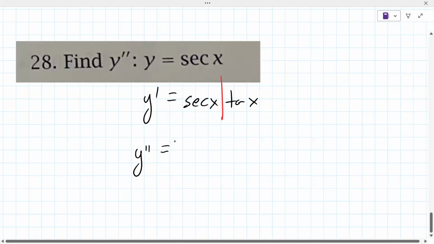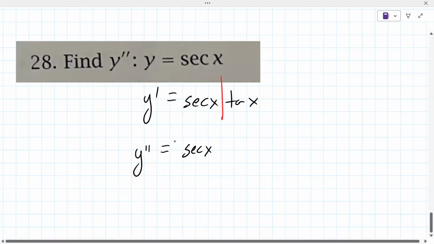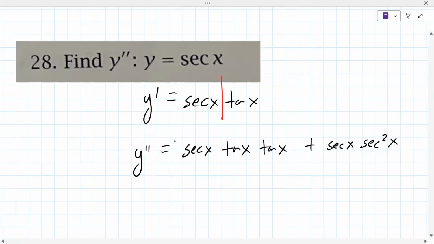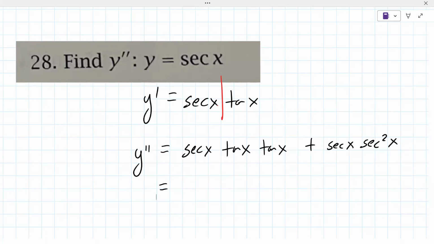Okay, I get secant x tangent of x times tangent of x, plus secant x times secant squared x. Okay, this one has better obvious ones to simplify, but that is correct. That's good.